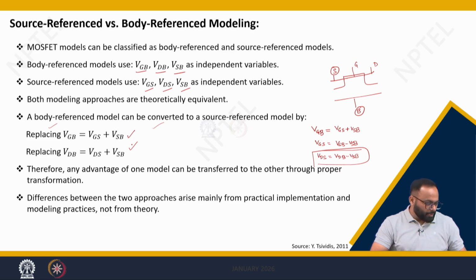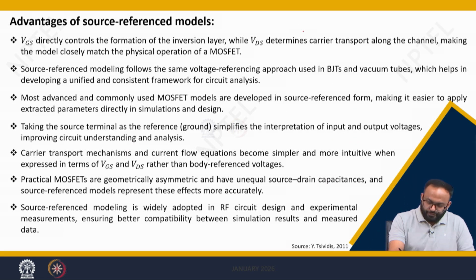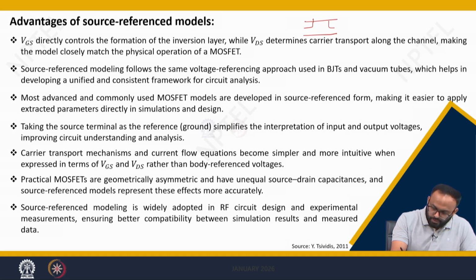Let us see a few of the properties of the source reference model, or why the source reference model is preferred. The first point: if you see the geometry of the MOSFET, you have a gate terminal, a source terminal, a body terminal and a drain terminal. Let us consider you fix the gate to source voltage and change the source to body voltage.